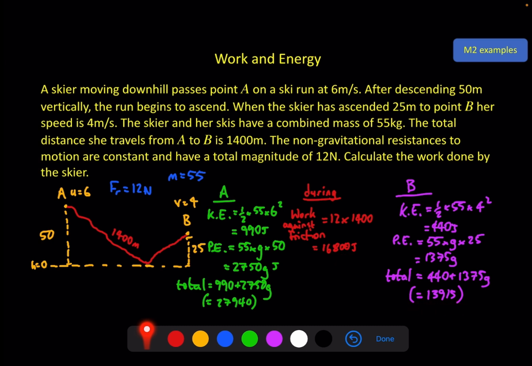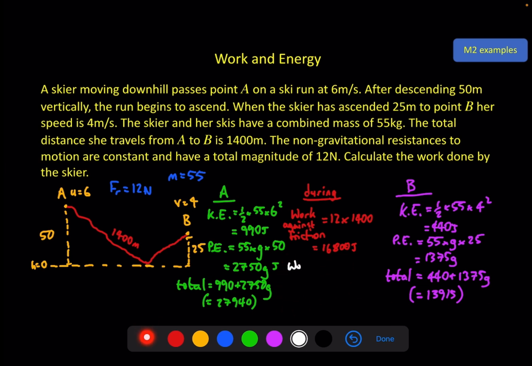What you would get is 11,140. So we can see that something else must be going on, because at the moment we've said the total energy she starts with is this. She loses this amount of energy due to friction, and she finishes with more energy than she should. That means she must be putting in work.